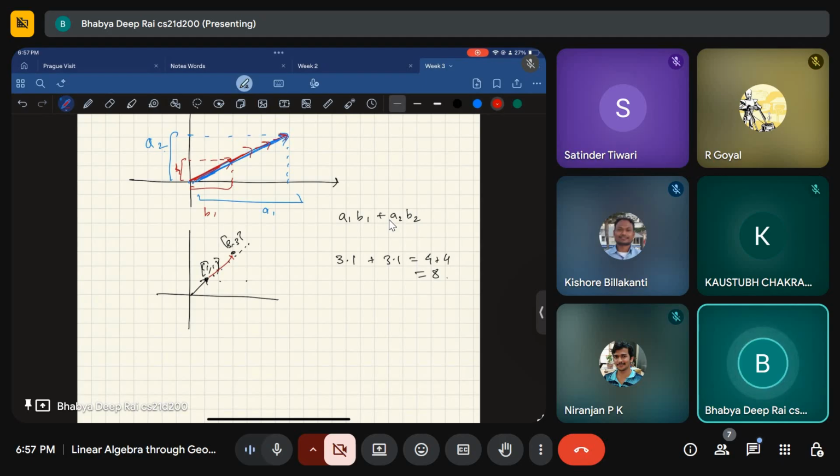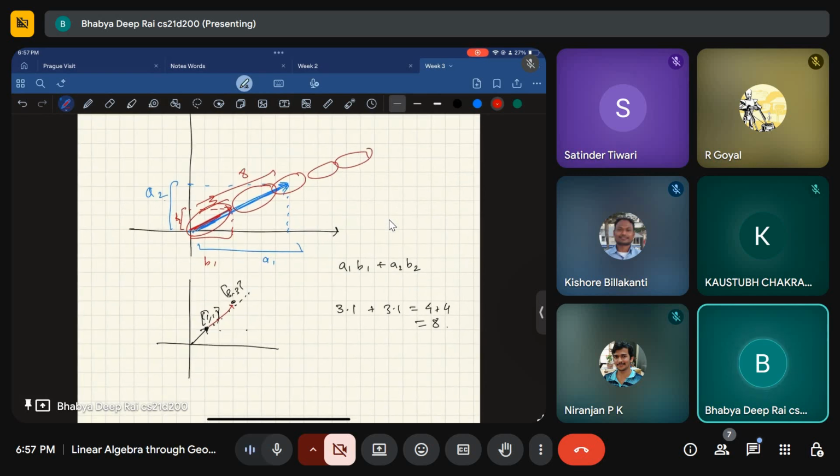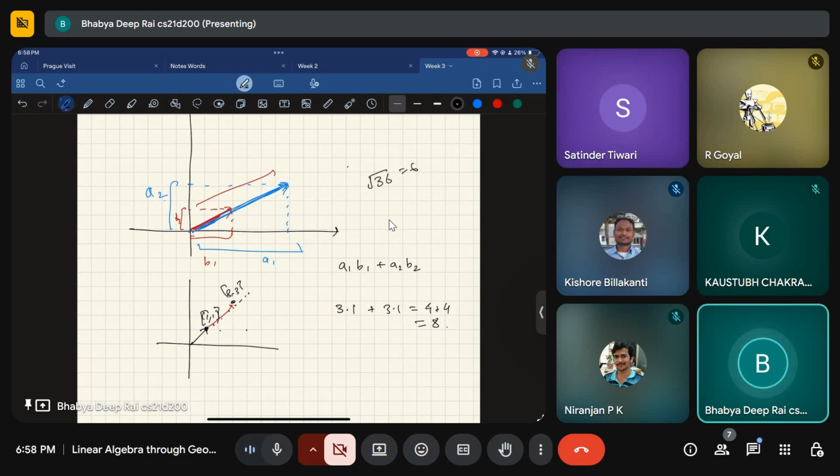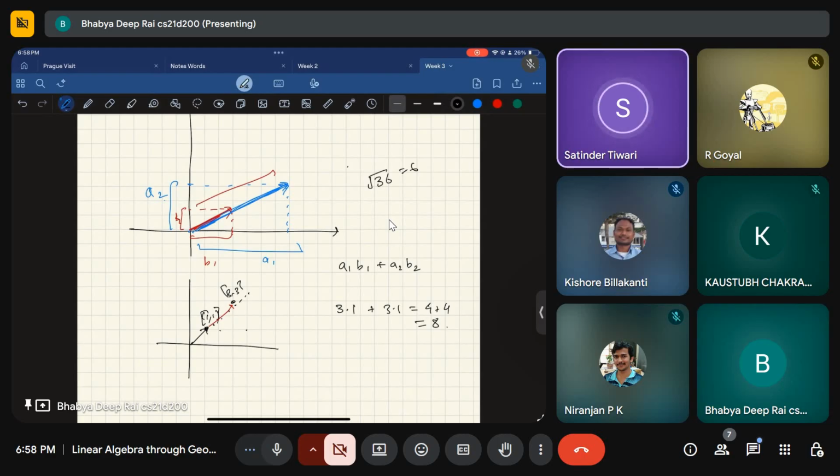Root of 3 squared plus 3 squared, root 36 is 6, and the other one is root 2. Root 18 into root 2, so root 36 is 6. Sorry, this confused me at first. I've calculated the overall result, which is root 18 times root 2, and that comes out to root 36, which is 6. The overall result will be 6 only.